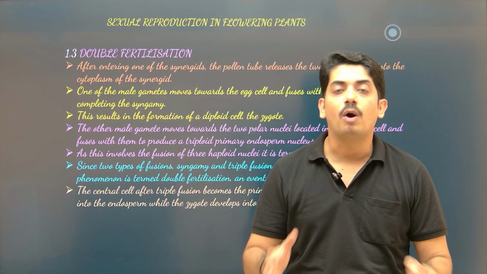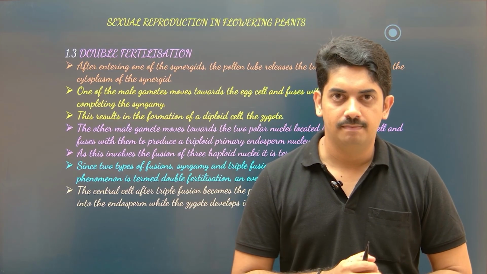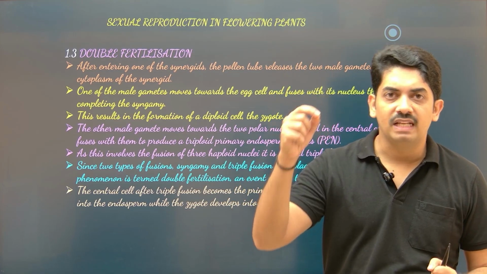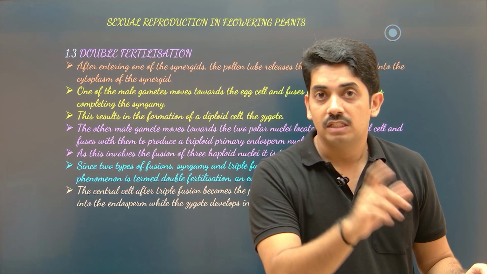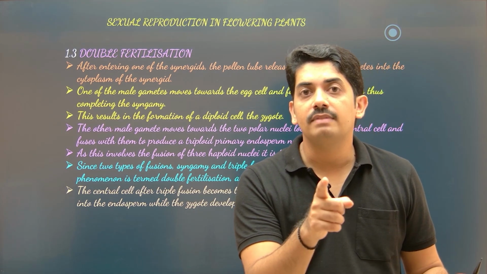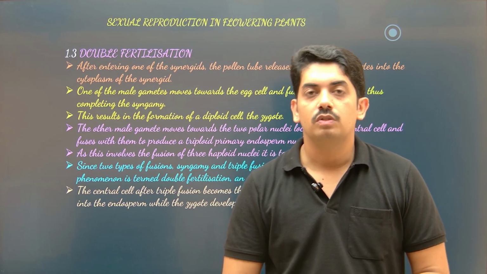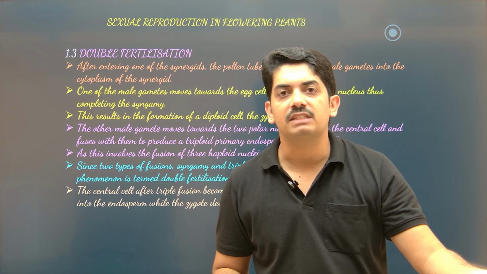There is one important aspect here. Why is there a need of endosperm? And one more thing: endosperm formation takes place first and embryo development takes place later. Sometimes in competitive exams they particularly take these sentences. So the endosperm formation takes place first and embryo development takes place later.